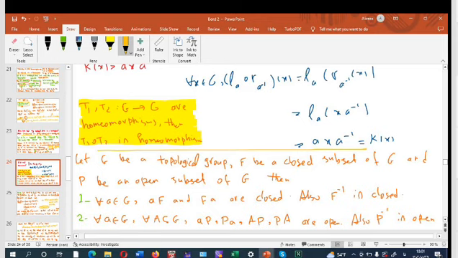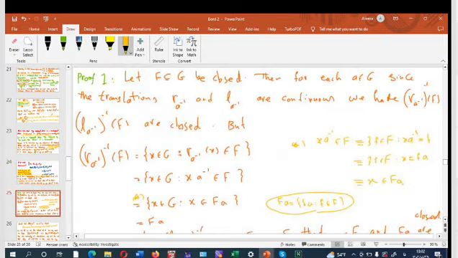For this part, we need only a semi-topological group, not a topological group. And F is closed. We must prove that aF and Fa are closed too.